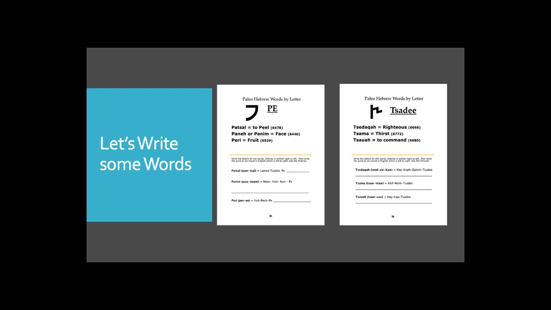Our next word, tasma. I'm having trouble getting that TS sound with the AW, tasma. I hope you all can do better. I'm sure you can do better. And that means thirst, number 6772. And we spell that one, tazi, mem, aleph.